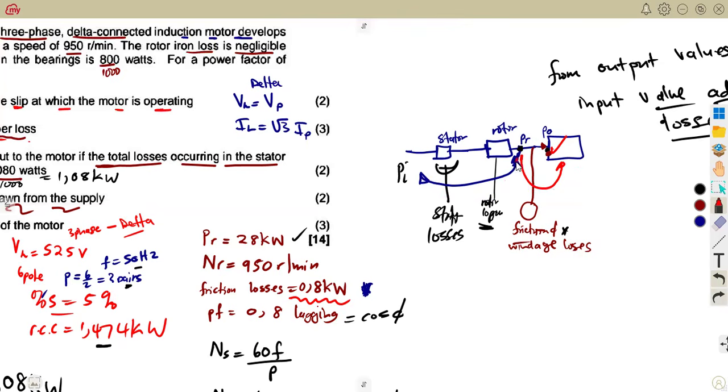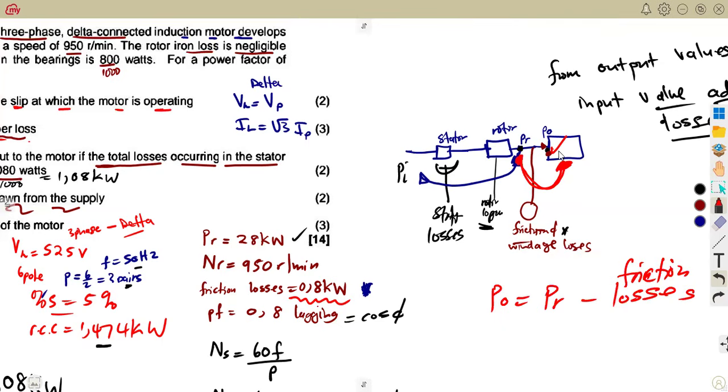So as you move from this rotor going this side to the output side there, you're supposed to subtract the losses which are there. Which losses are there? Friction. You have to remove that. Then we have the output now, that is the overall output that is supposed to be used on efficiency.